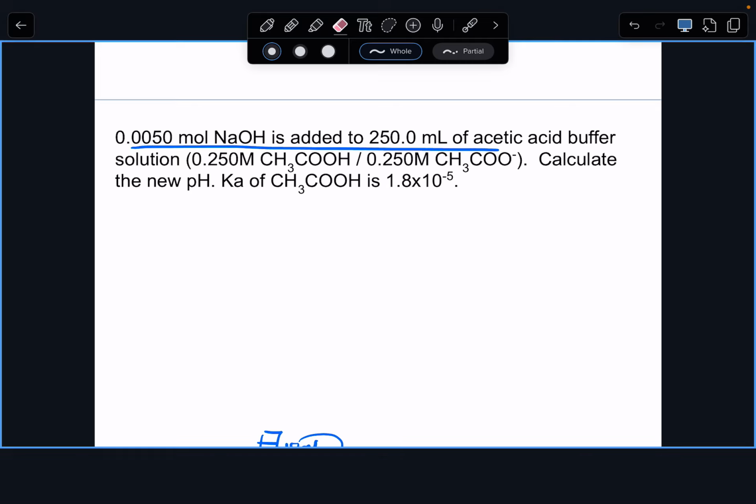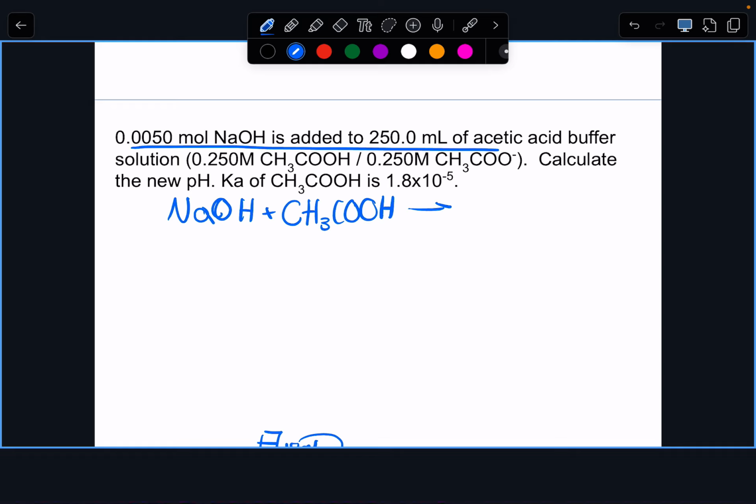For this one, I'm going to go ahead and write the equation first and then do the dilution as part of that. I just think it's faster. So because it's a base, we're adding it to the acid.